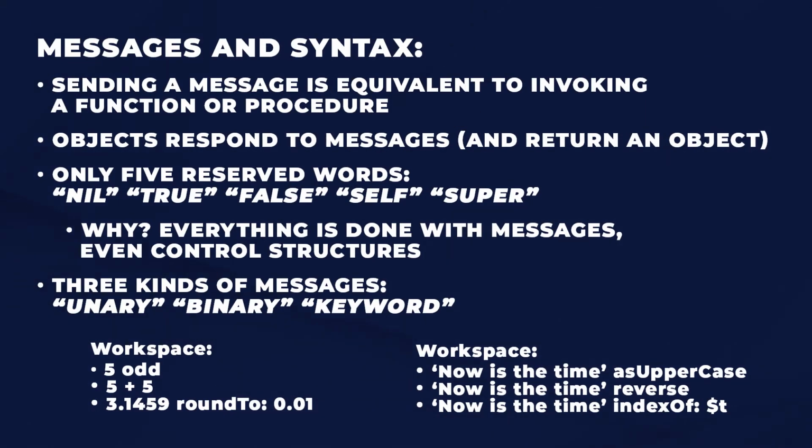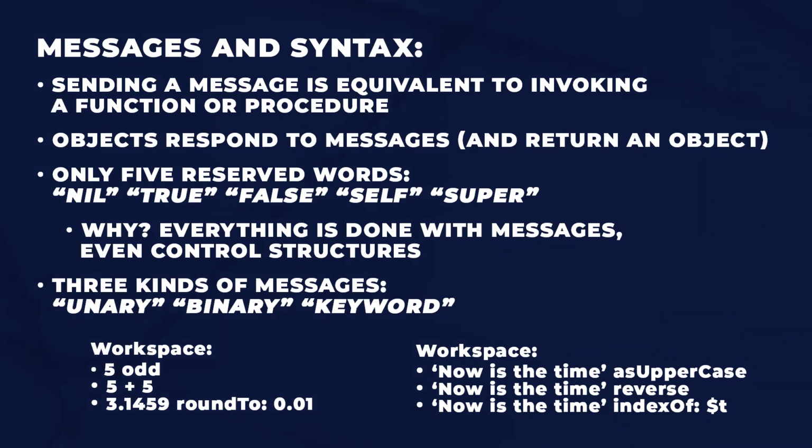Messages and syntax. So sending a message in Smalltalk is the equivalent of invoking a function or procedure in a traditional language. Objects respond to messages and return an object. There's only 5 reserved words in Smalltalk: nil, true, false, self, and super.